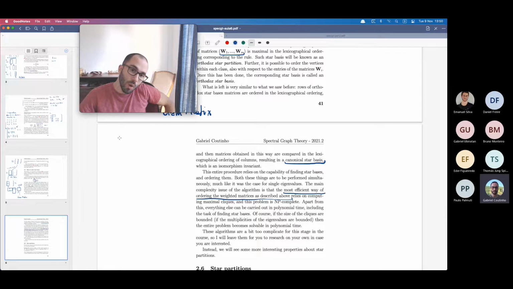If I say, amongst all graphs whose maximum multiplicity of an eigenvalue is, say, 12, then graph isomorphism is solvable in polynomial time. The complexity is going to be a polynomial of degree 12 or more, but graph isomorphism is solvable in polynomial time as long as you know that the multiplicities are bounded.